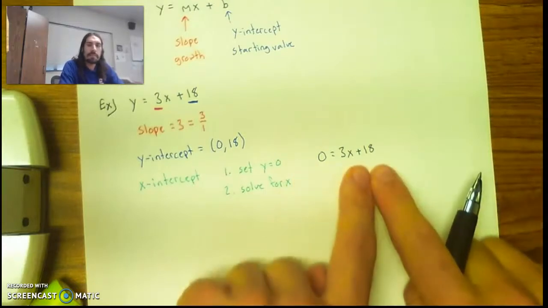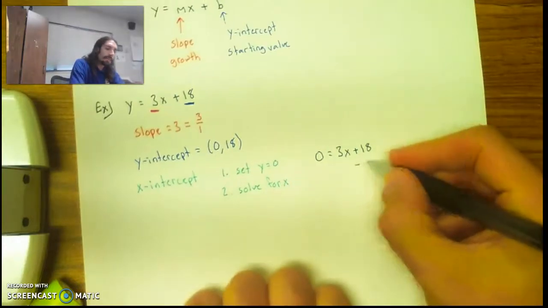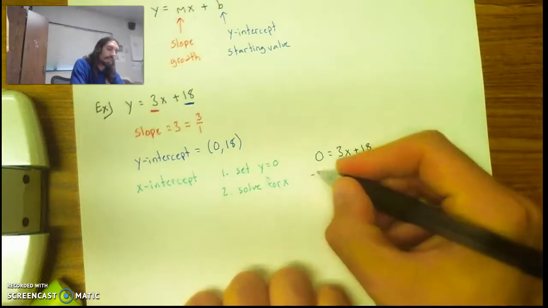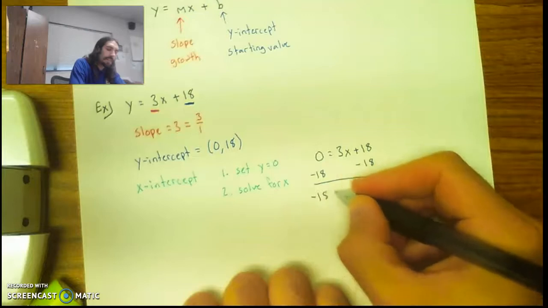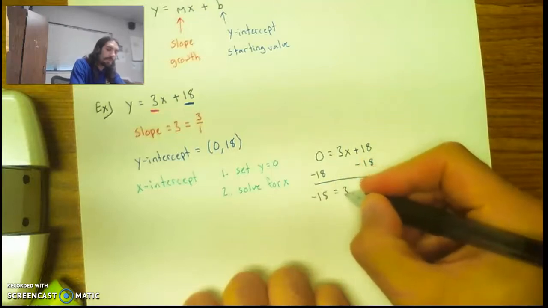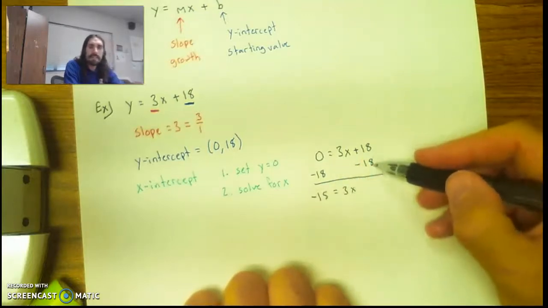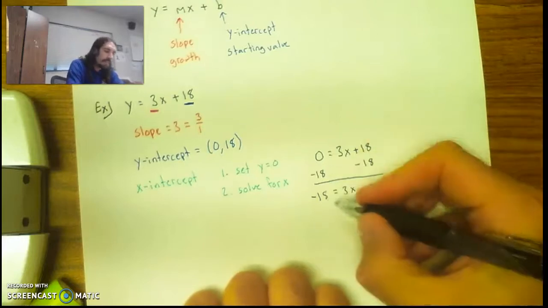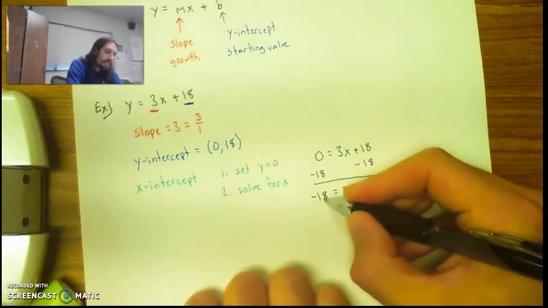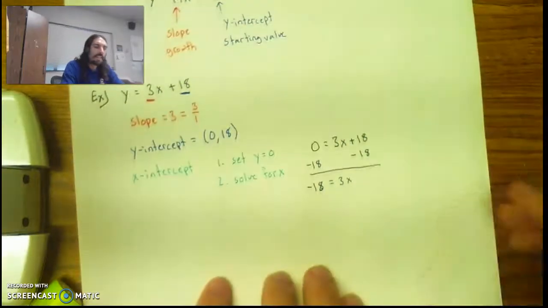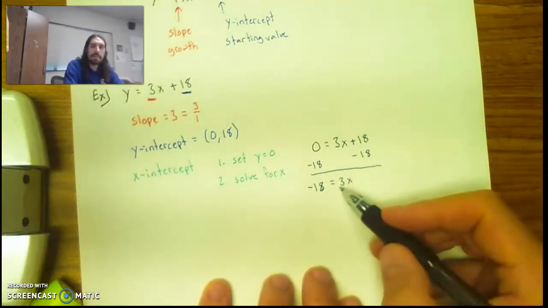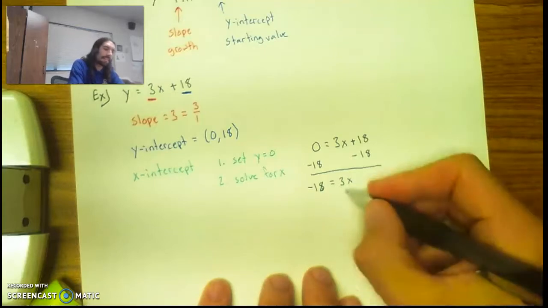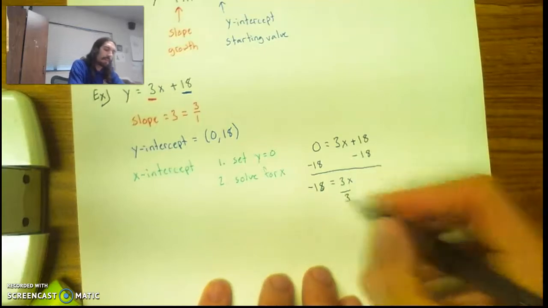So the fact that I have a plus 18, I'm going to subtract 18 from both sides. So now I've got negative 18 is equal to 3x, because 18 take away 18 becomes 0. Then if I'm going to undo this 3 right here, right now I have 3 times x, so I need to divide by 3.